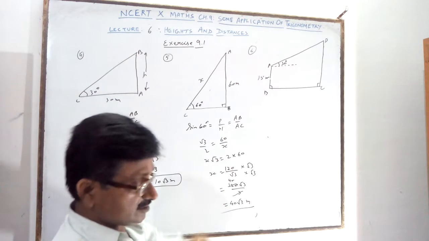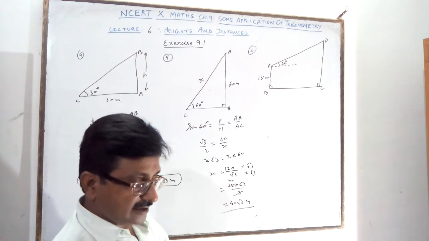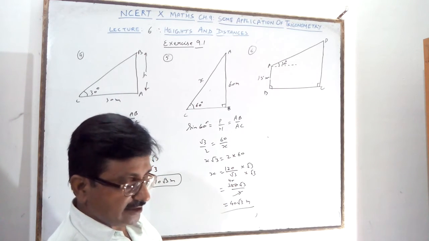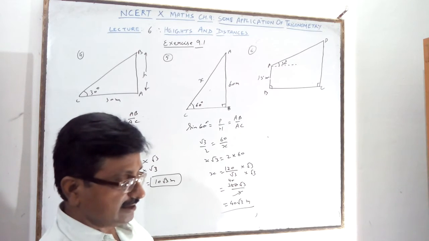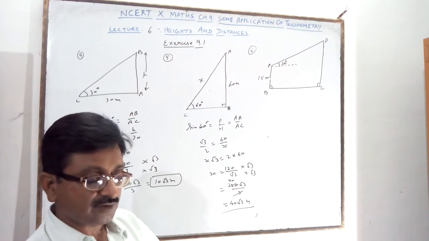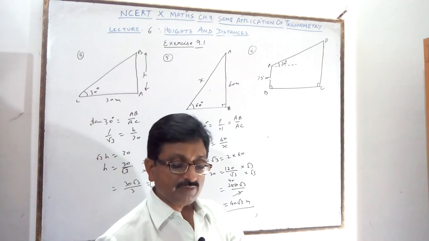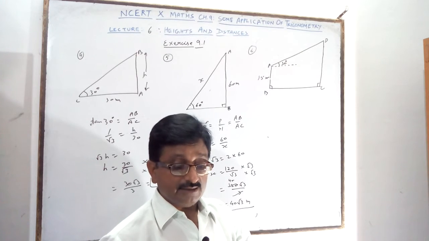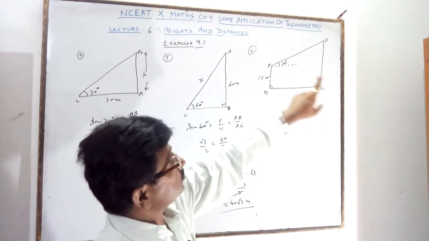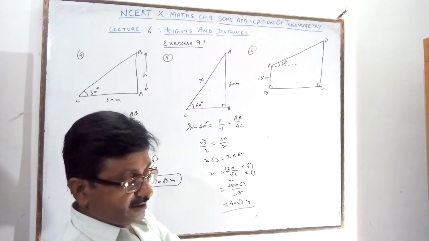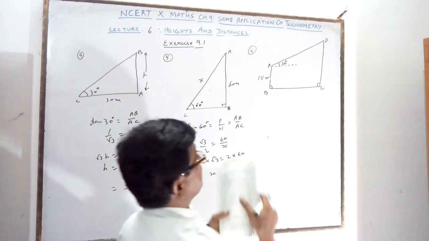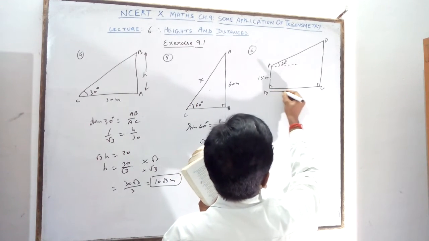The sixth question: the angle of elevation of the eye to the building increases from 30 degrees to 60 degrees as he walked towards the building. He is walking towards the building.